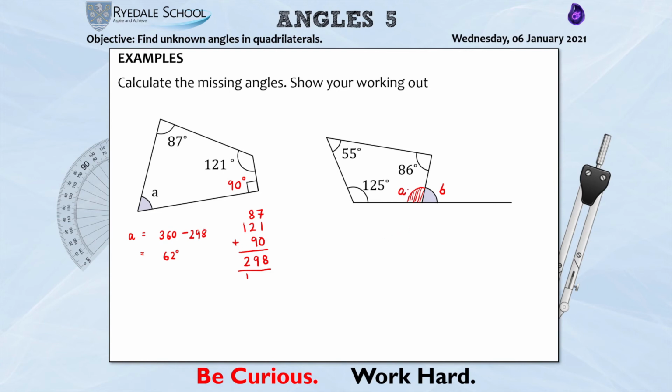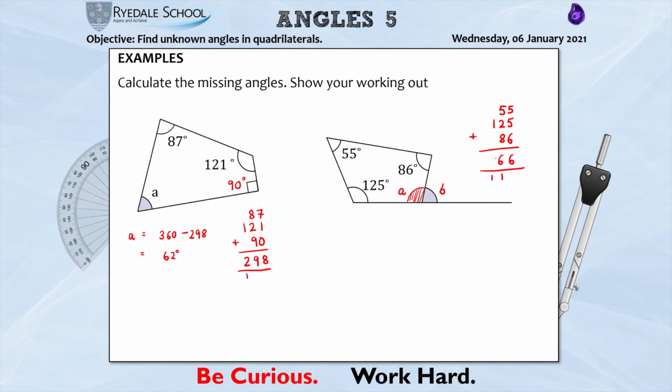So I'm going to work out angle A first, just looking at the quadrilateral. So let's add up the angles that I do have. So I've got 55, 125 and 86. If I add those together, the units adds up to 16. Adding the tens, I can see 8 and 2 is 10, so 15, 16.